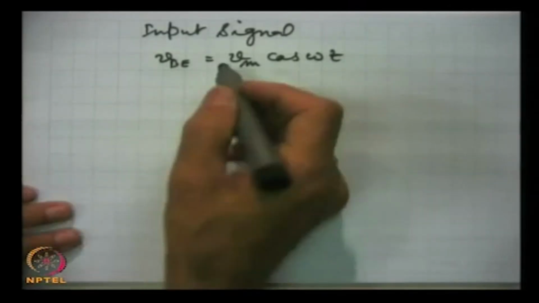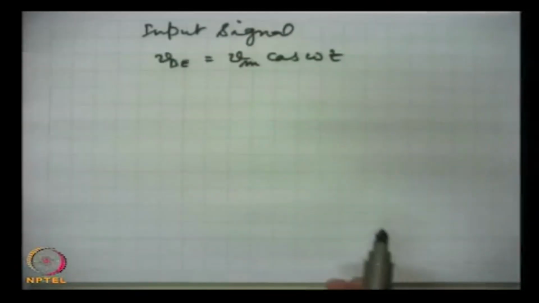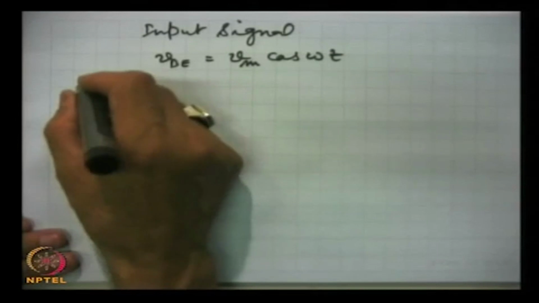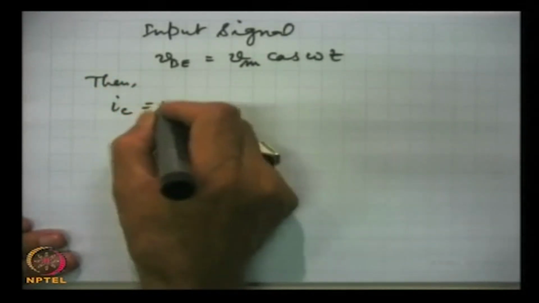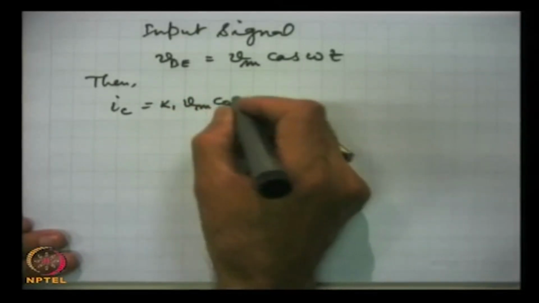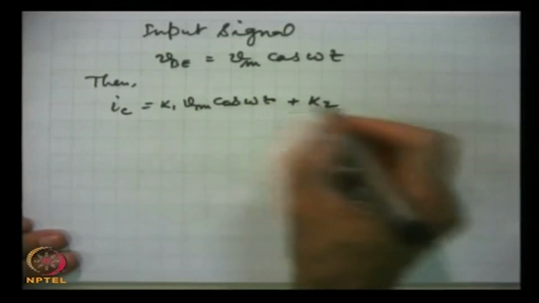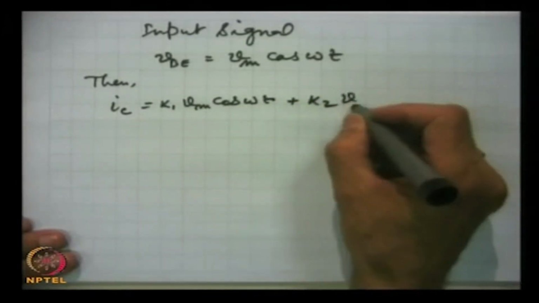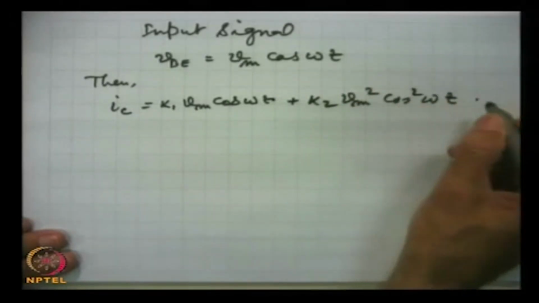Then if we put this in this equation, we get IC equals K1 Vm cos omega t plus K2 Vm square cos square omega t, where K1 and K2 are constants.